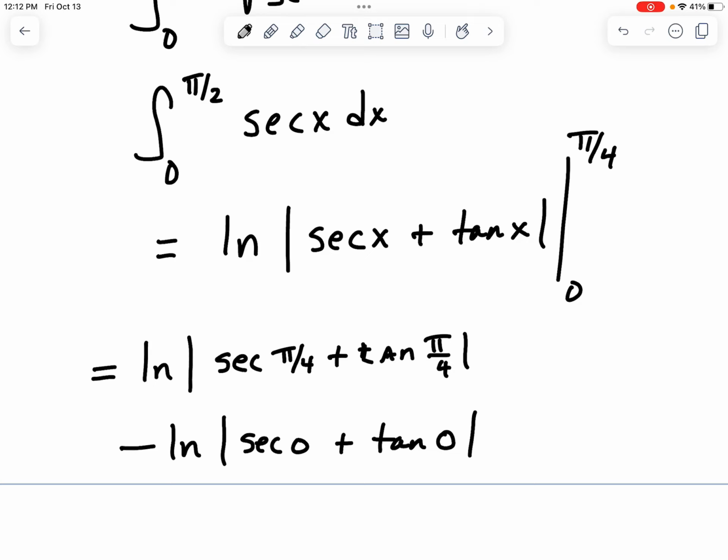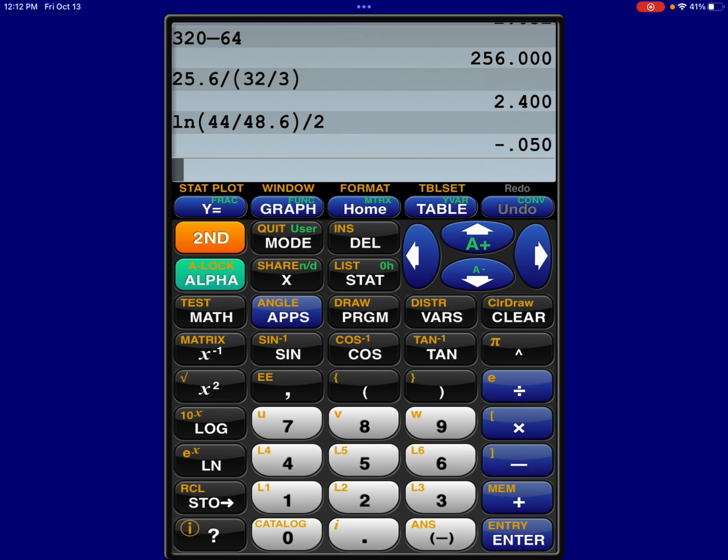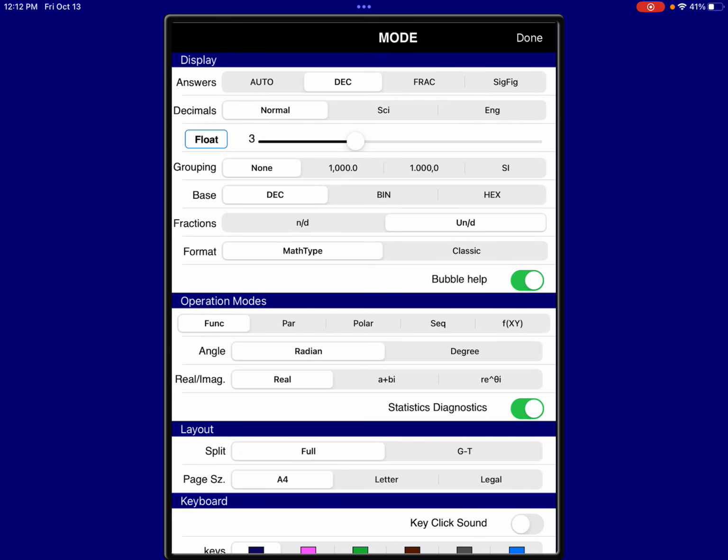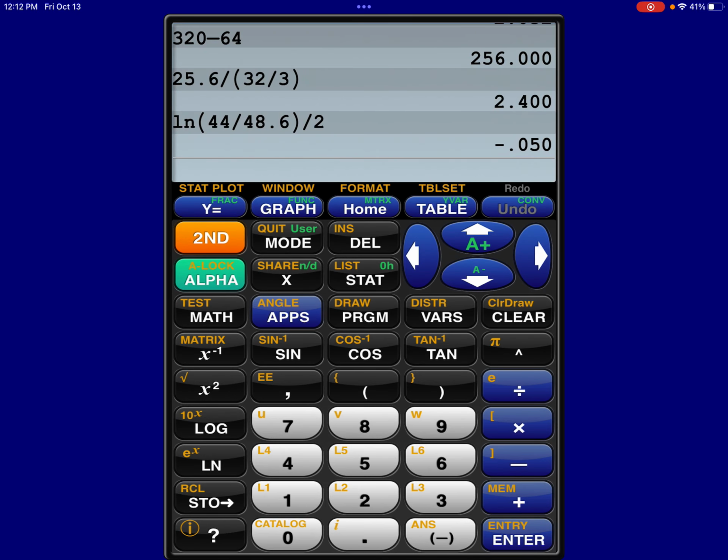So secant of pi over 4, well, that is 1 divided by cosine pi over 4. And if I use a calculator, first of all, I need to make sure that it's in radians, and it is. And then do 1 divided by cosine of pi over 4. So that's going to be the secant of pi over 4.